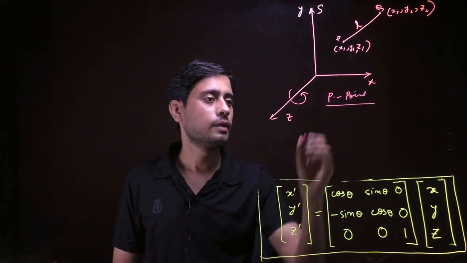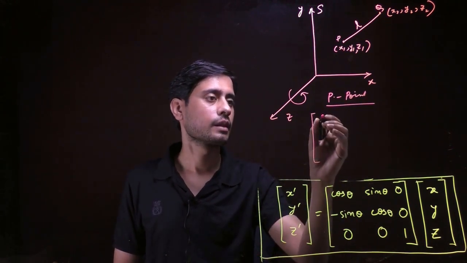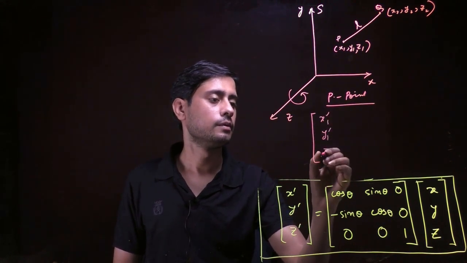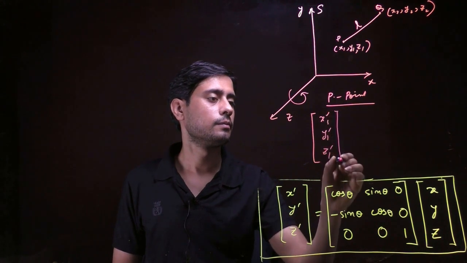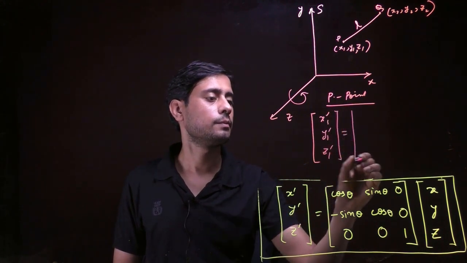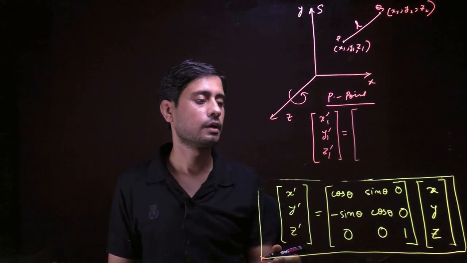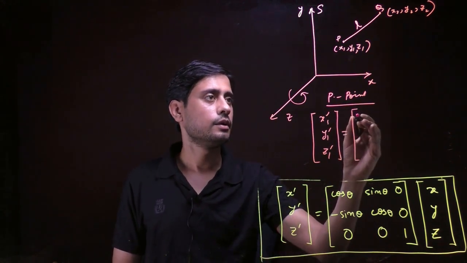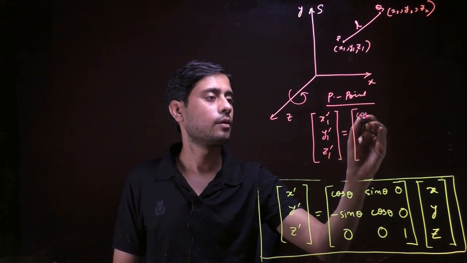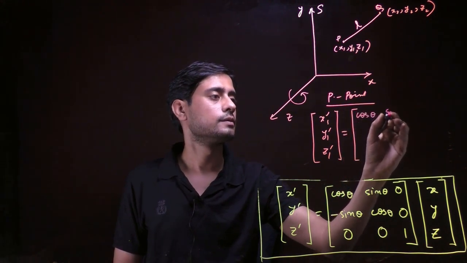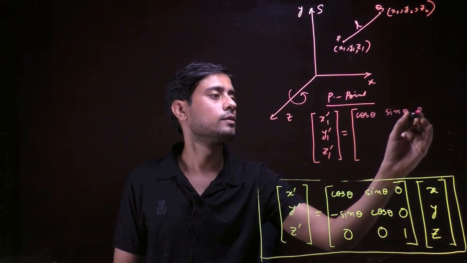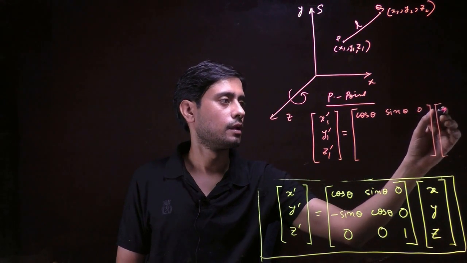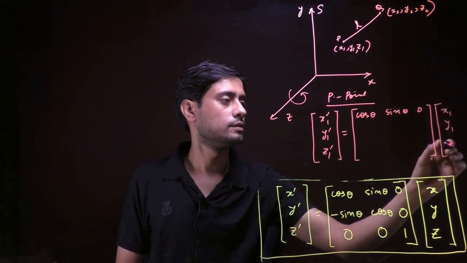For the point P, the transformation will be x1 prime, y1 prime, z1 prime equals, you can skip the z, but I am just taking it for consistency, cos theta, sin theta, 0 and your old coordinates x1, y1, z1.